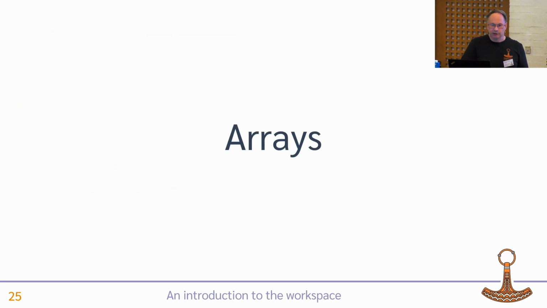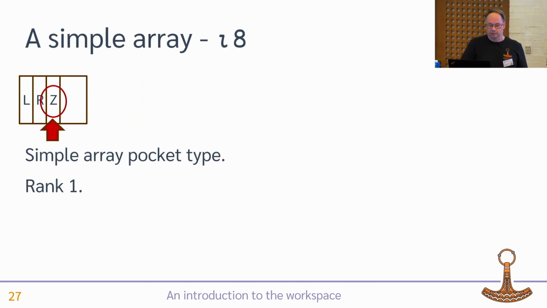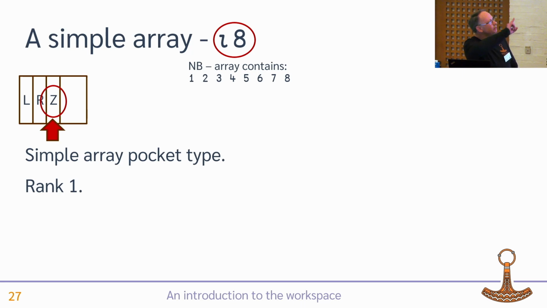So if we think about an APL array, how does that look in terms of pockets? Well, there's a regular pocket. In this case, the zones field tells us that it's a simple array pocket. It's got a rank of 1. And what I'm going to put in this array is the numbers 1, 2, 3, 4, 5, 6, 7, 8. I keep using APL expressions to show what's in them, but we don't store the expression, it's the result of the expression.